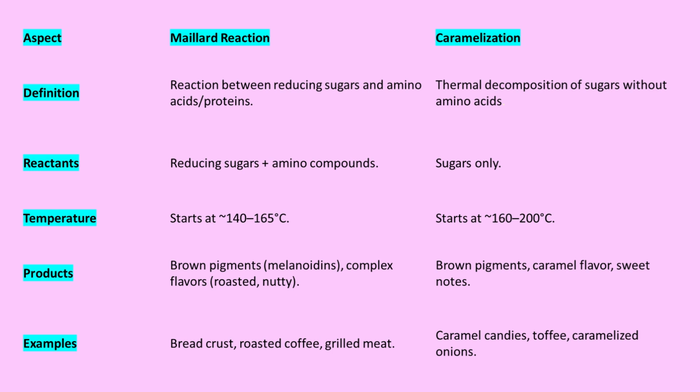The products of Maillard reaction include brown pigments called melanoidins and complex roasted or nutty flavors. Caramelization, on the other hand, produces brown pigments with caramel flavor and sweet notes. For example, Maillard reaction is seen in bread crust, roasted coffee, and grilled meat. Meanwhile, caramelization can be observed in caramel candies, toffee, and caramelized onions.